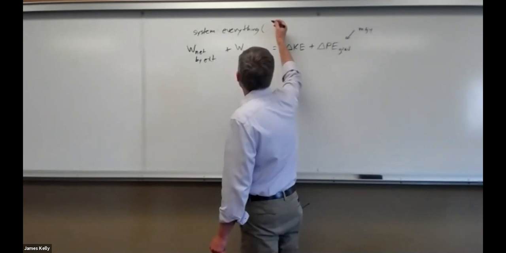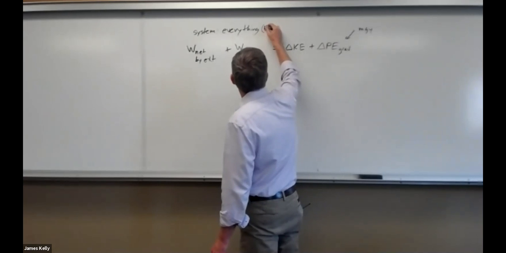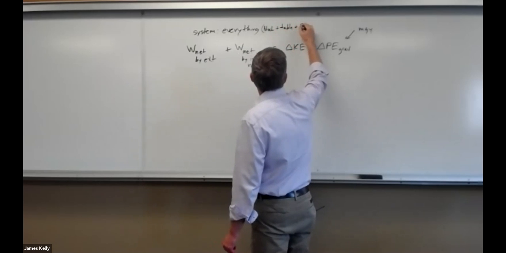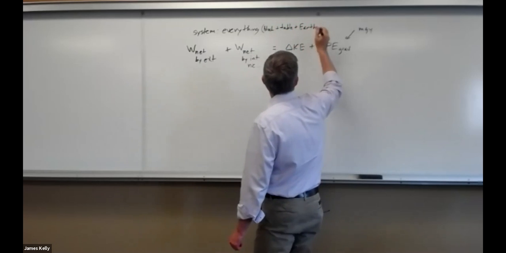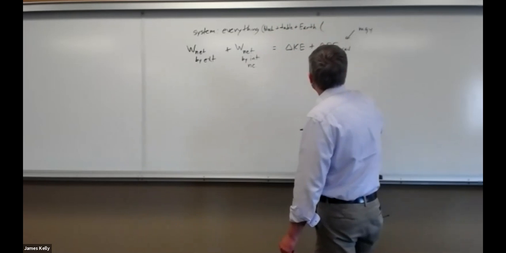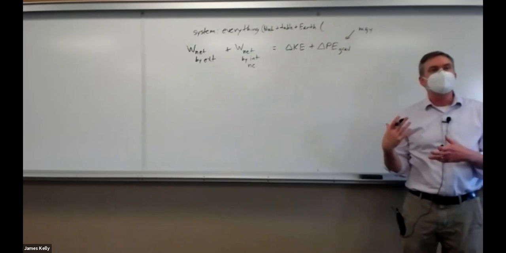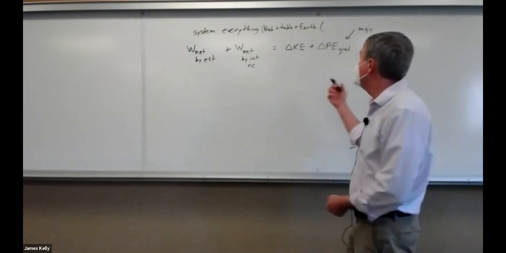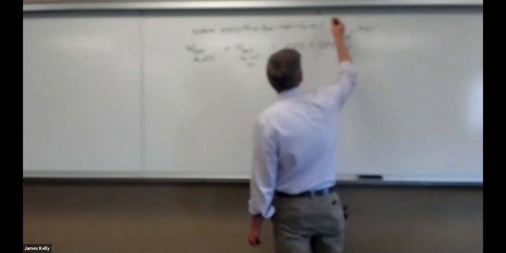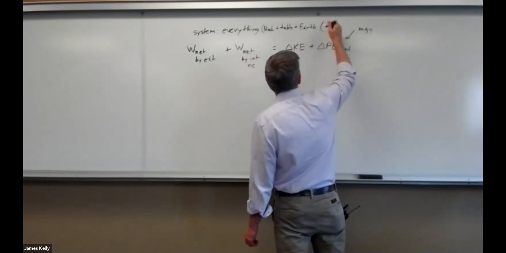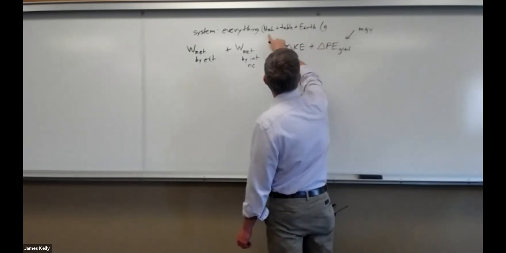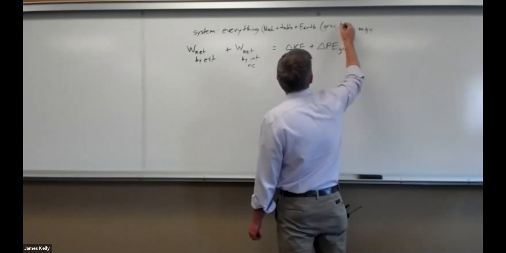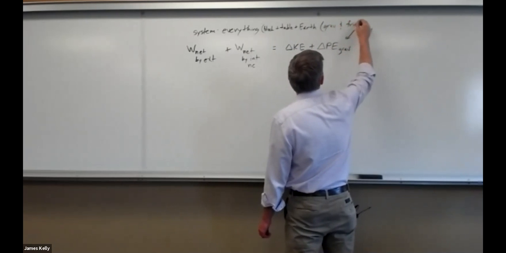That might mean I could say my system is the block plus table. The table is really part of Earth. I'll throw Earth in there if you want to put gravity into it. And we'll say, what are the forces that might be acting on the thing that's moving? Between these parts, there is a gravitational force and there is a friction force between these parts.